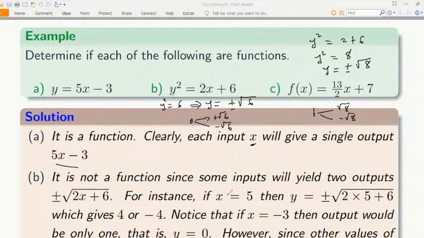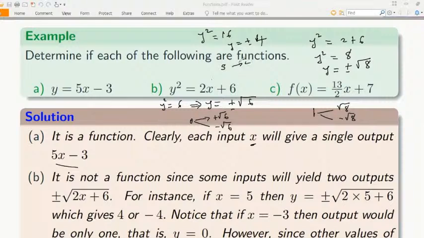What about if my input is 5? If my input is 5, I would have y squared equals 10 plus 6, which is 16. So y will be plus or minus 4, the square root of 16. So that means that single input of 5 has given me two images.